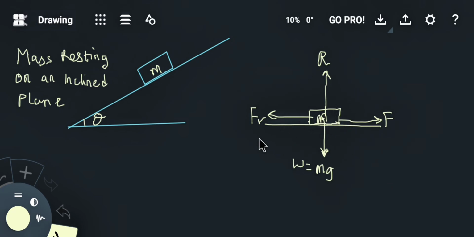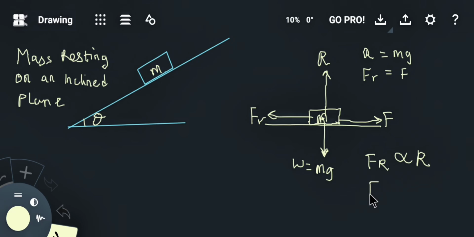Now, as it stands, everything makes sense because from the look of things here, we can see that the reaction force is equal to the weight, and the frictional force is equal to the force that is going to move the object this way. According to the law of solid friction, the frictional force is directly proportional to the normal reaction force.